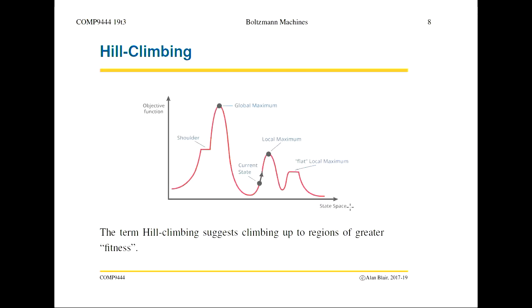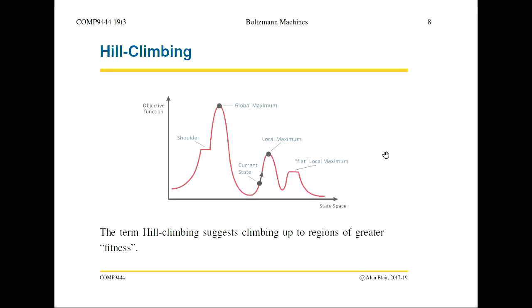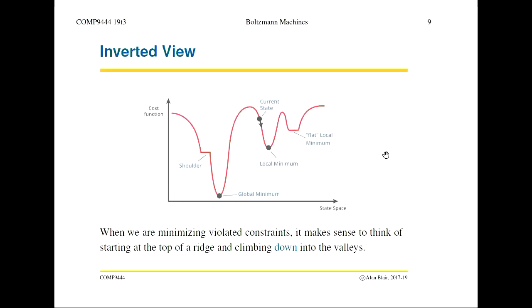This is sometimes called hill climbing because, when we call it hill climbing, we think of it as a function that should be maximized. So we're trying to climb up to the top of the hill. But in the present context, or mostly for this course, we try to minimize something rather than maximizing it.